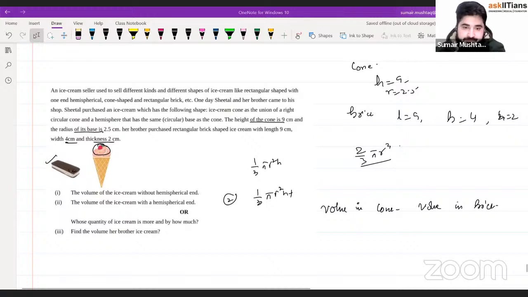First of all, go for the short answer type, or 4 markers, or 5 markers. After that, you can proceed to the 3 markers or 2 or 1 markers.